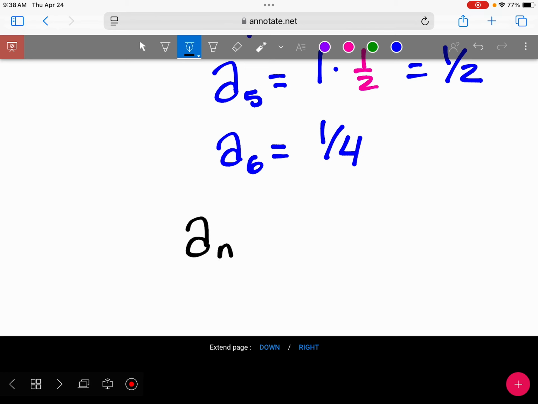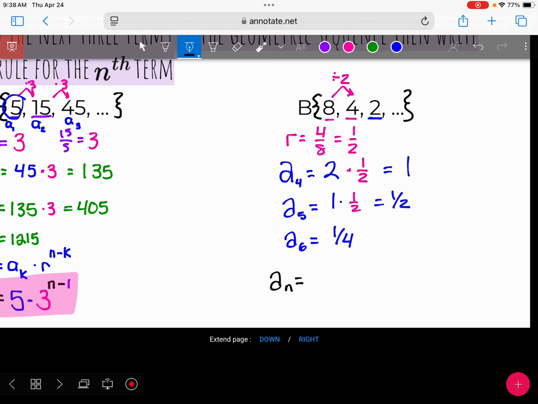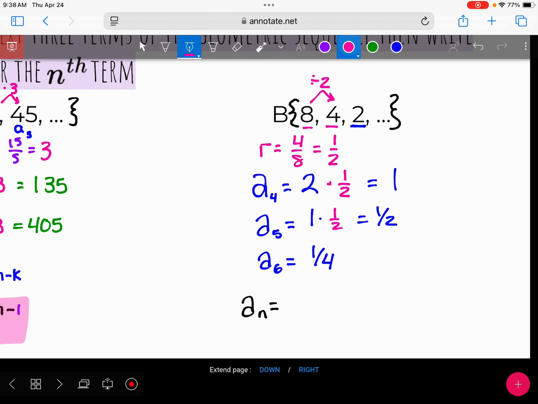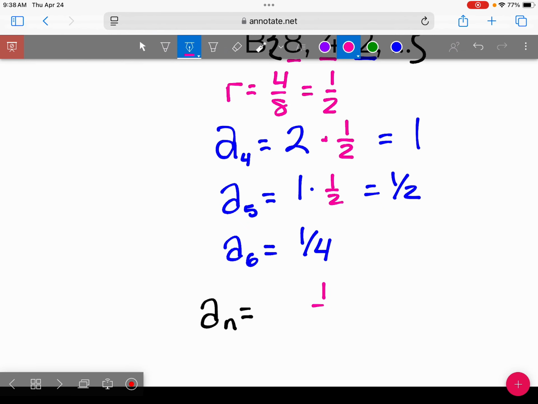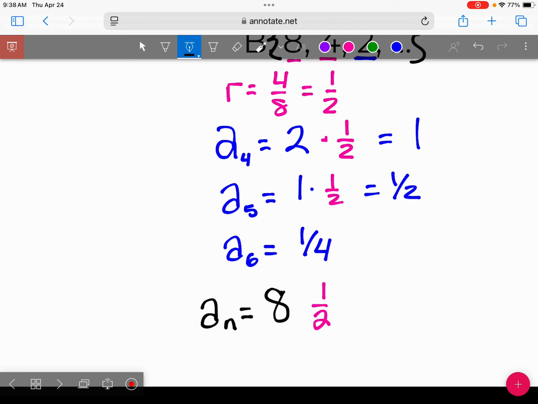So see if we can figure out what our a sub n is. How do we get our generic? There's several different ways to write it, but think it through for a second. It's gonna be, because our R is 1/2, right? So we can use a sub 1. You can absolutely use a sub 1. So it'll be 8 times 1/2 to the power of n minus 1.